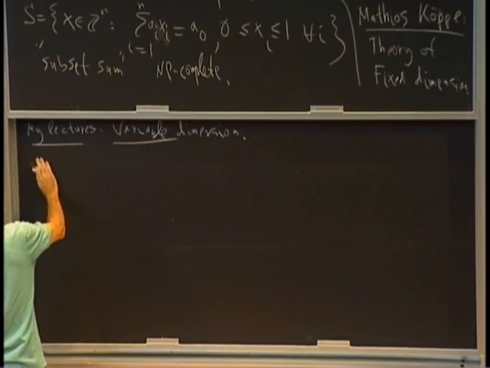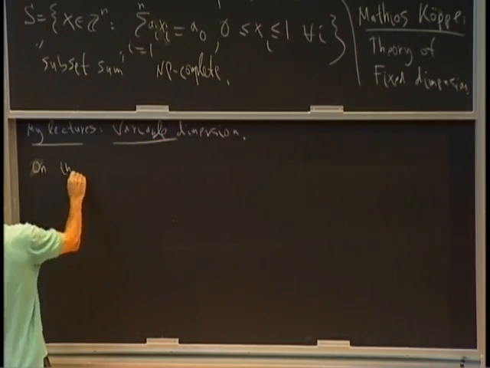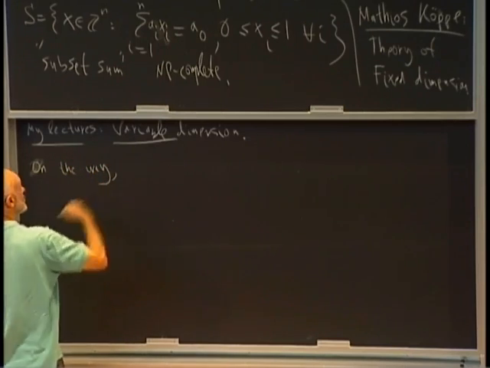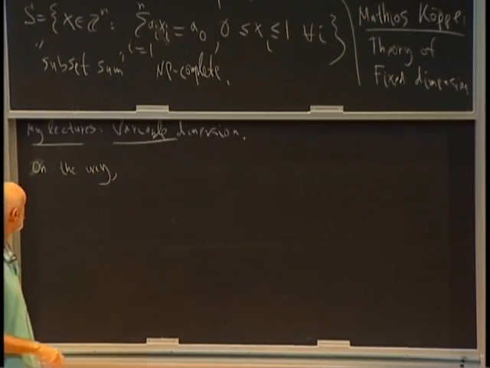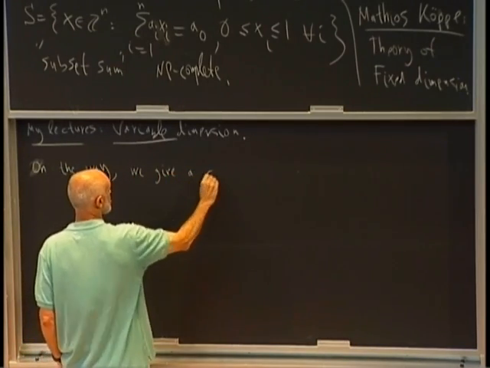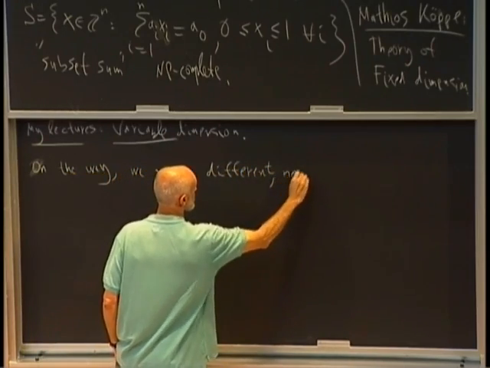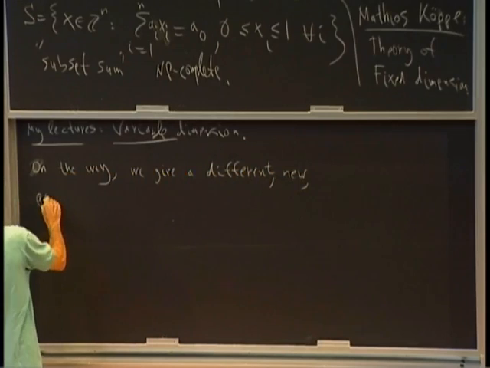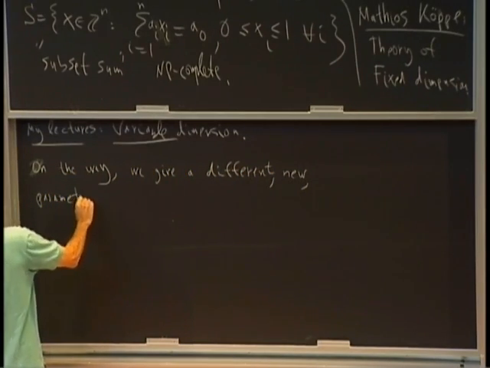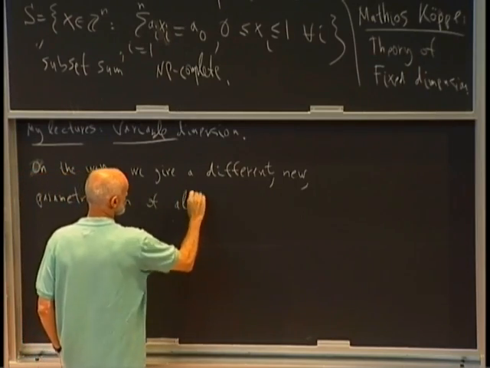But on the way, I mean, I'm going to solve polynomial time problems here, but on the way, and I hope I'll have time to explain this, there's a whole chapter in my book on this. On the way, we give a different new parameterization of all integer programs.